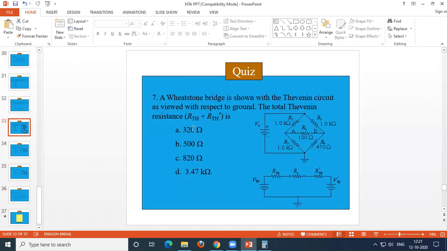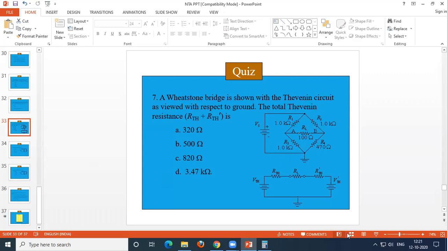So the seventh question, a Wheatstone bridge is shown with a Thevenin circuit as viewed with respect to ground. The total Thevenin resistance RTH plus RTH dash is? For this RTH, these are from the A side, then RTH dash is from the B side.